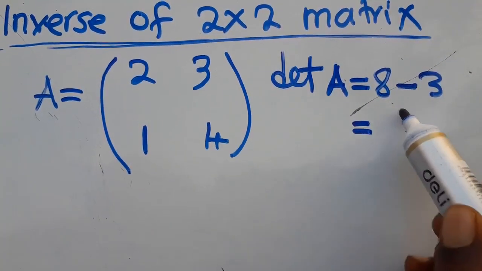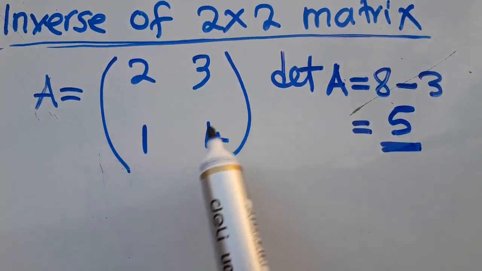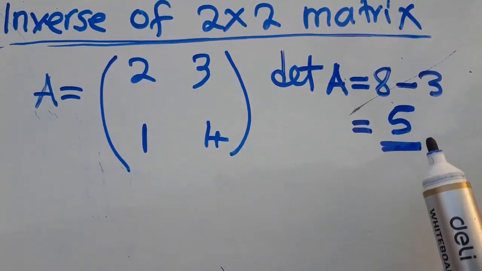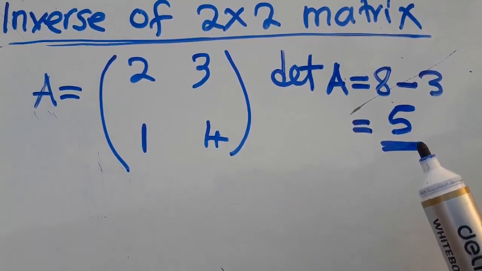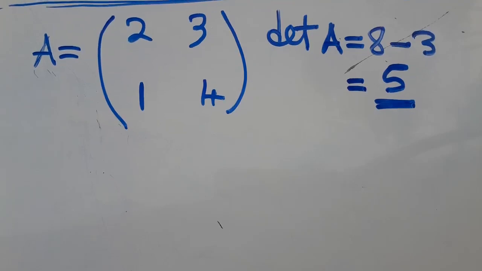So the determinant of this matrix is 5. After you find the determinant, you can now find its inverse by using this formula.